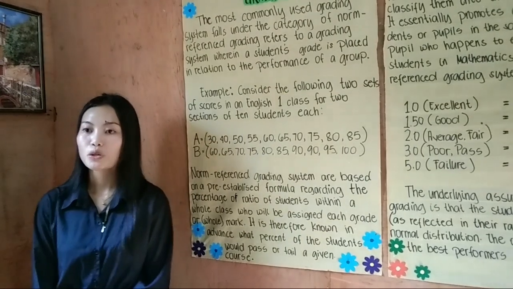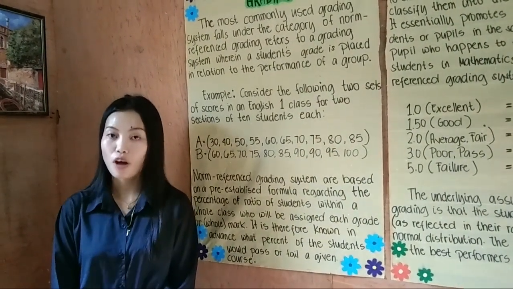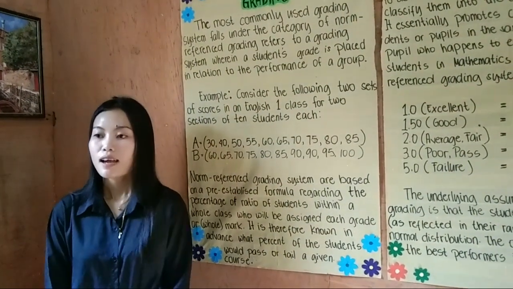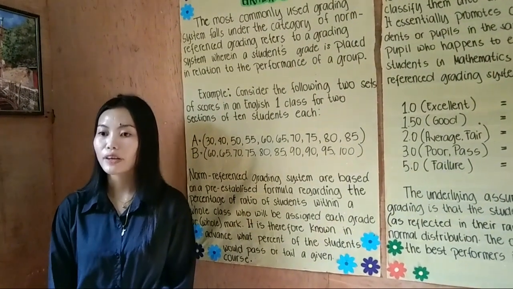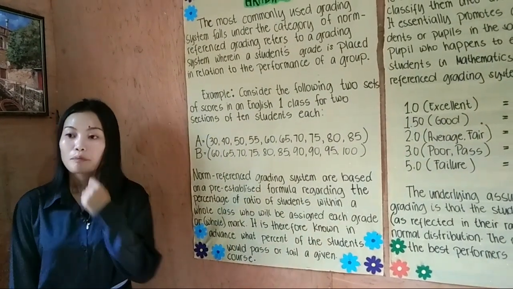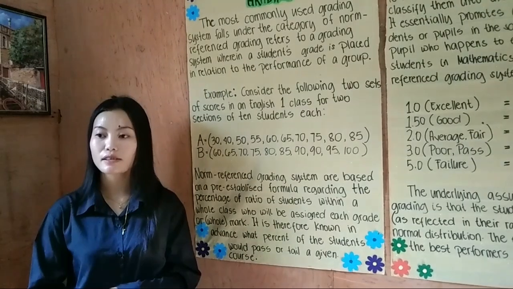Indeed, if the tests used for the two classes are the same, it would be a rather unfair system of grading. A wise student would opt to enroll in class A since it is easier to get higher grades in that class than in class B. The previous example illustrates one difficulty with using a norm reference grading system.